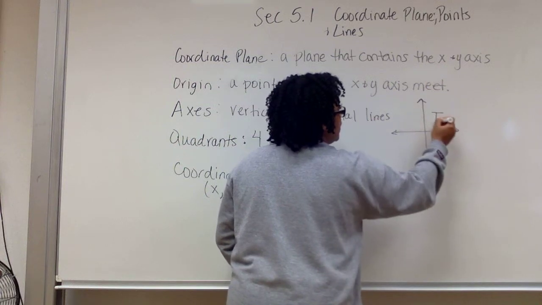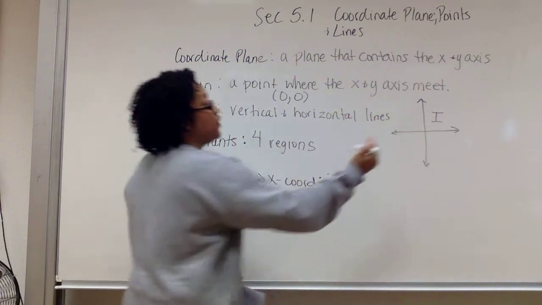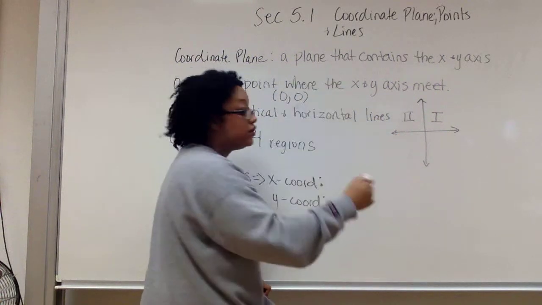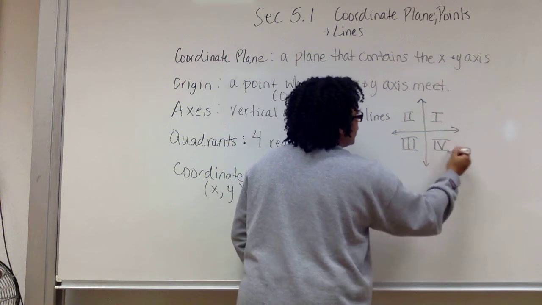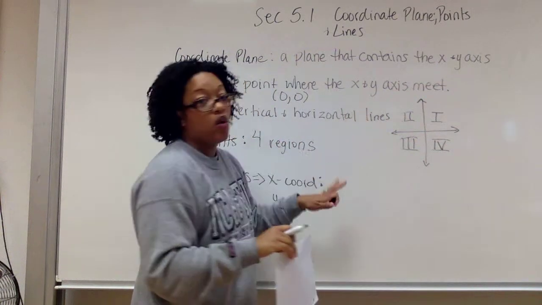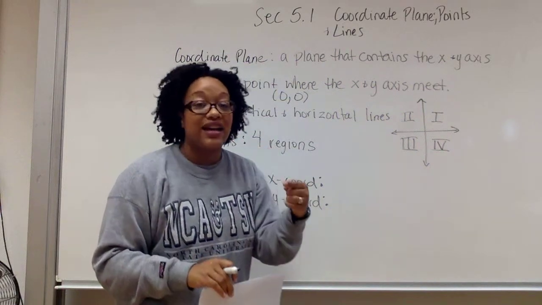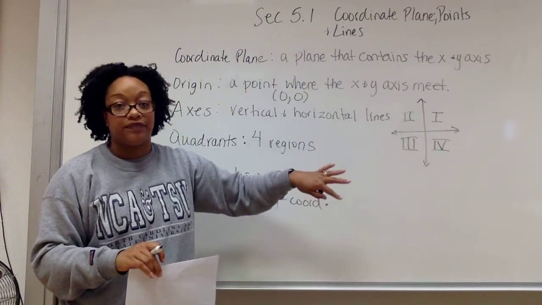We always start here on the right-hand side, that's your quadrant 1. Then you go to the left, that's your quadrant 2. Then you go down, quadrant 3, and then back to the right, quadrant 4. Now each one of these quadrants represents different parts of your plane. Depending on the signs of your points will determine where you go on your plane.